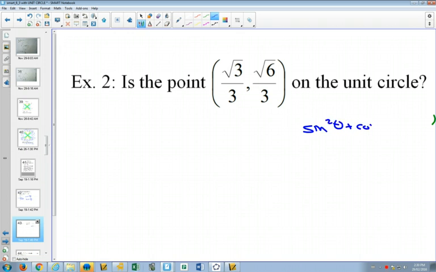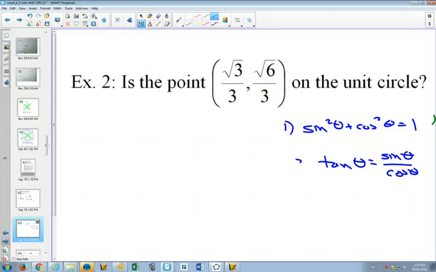Sine squared plus cos squared equals 1 was another big idea. Tan is equal to sine over cos. That was a second big idea.